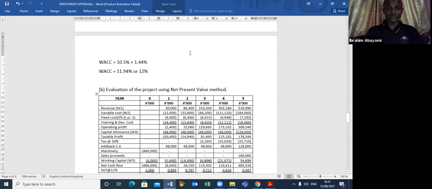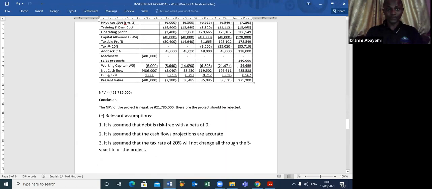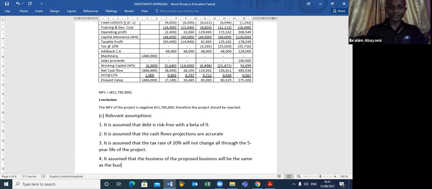So I go there. The question says you should give 3 assumptions. So I'm giving you 4. So it is assumed that the business risk of the proposed business will be the same as the business risk of MEPSC.